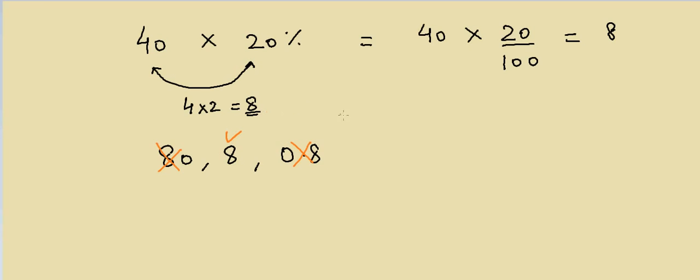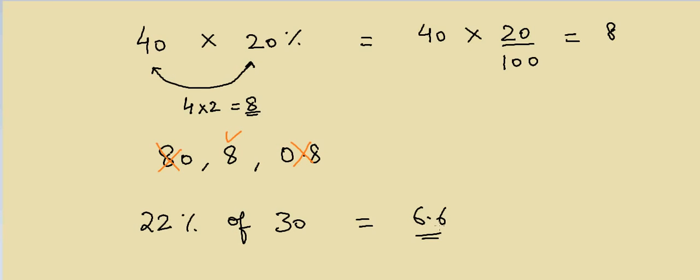So if we don't worry about the zeros, first of all, we can do this calculation very quickly. For example, if I have to say 22% of 30, the answer will be equal to 6.6. What I did, I just multiplied 22 and 30 and got 660.